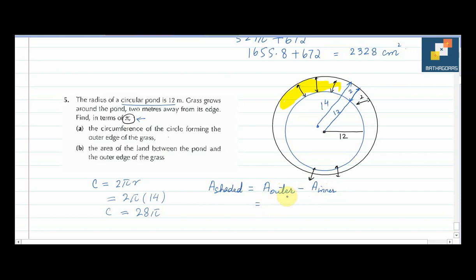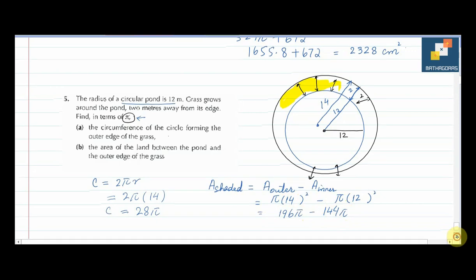So the working formula is pi r square for the outer area, minus pi r square for the inner. The outer radius is 14 and the inner radius is 12. So 14 square is 196 pi, minus 12 square is 144 pi. Now you need to subtract 196 and 144, it's 52 pi.